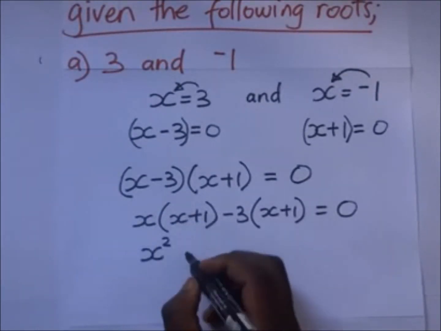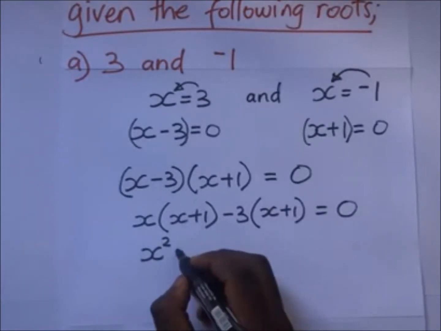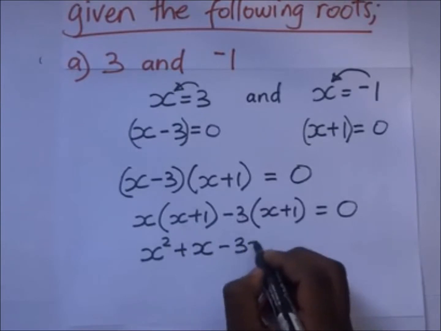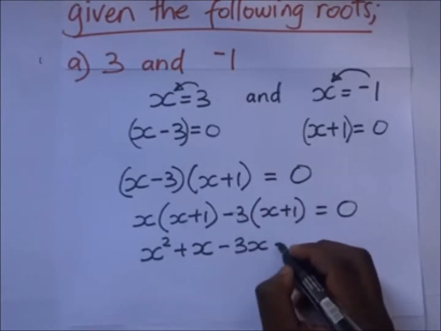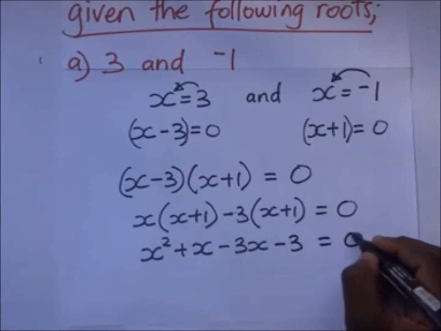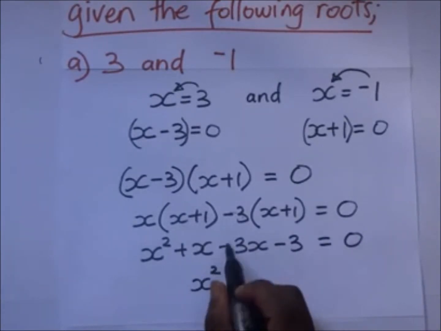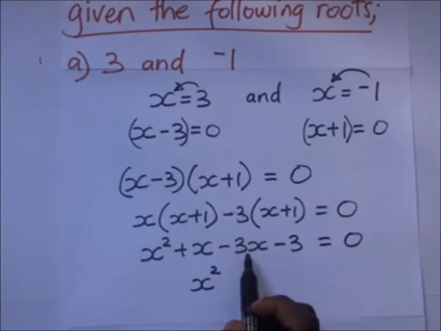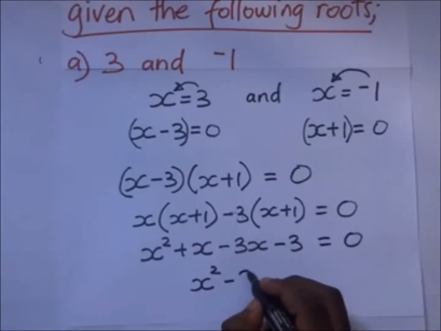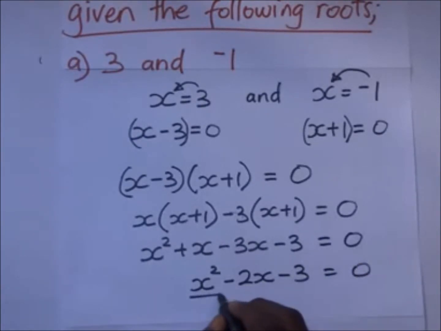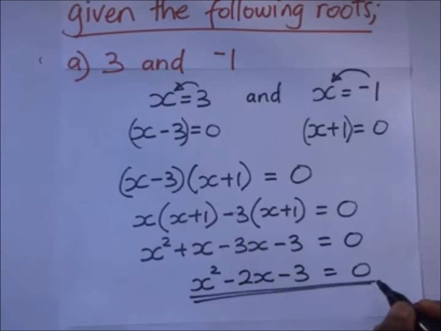Then we have x times 1, which is plus x. Then you have negative 3 times x, which is minus 3x. Then you have negative 3 times 1, which is minus 3, giving us 0. So we shall end up with the quadratic equation, which is going to become x squared plus x minus 3x, which gives us minus 2x, then minus 3 is equal to 0. Now that is the quadratic equation. We have worked backwards.